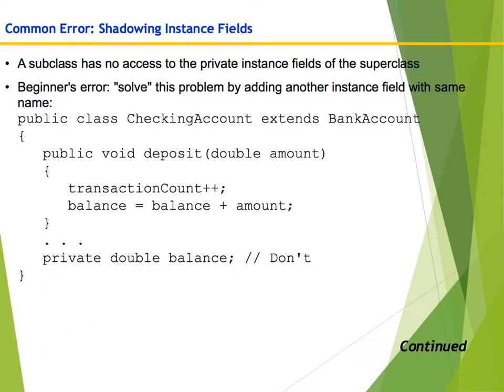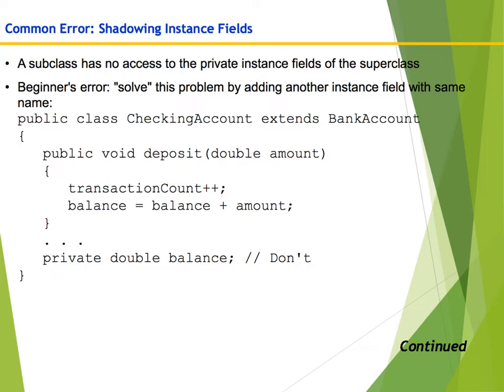For example, they want to have access to the balance field of the account in their CheckingAccount implementation. But since balance in BankAccount is private, they create their own balance. And then they increment the balance by the amount in the deposit method.